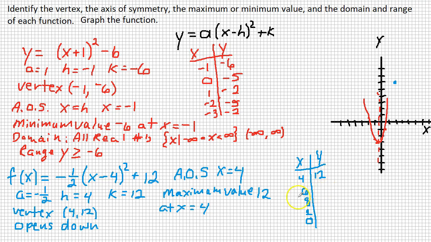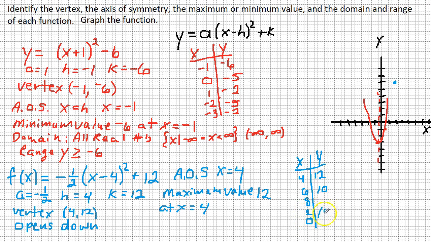All right. If I plug in 6, 6 take away 4 is 2. 2 squared is 4. 4 times negative 1/2 is negative 2. Negative 2 plus 12 gives me 10. So we have the point (6, 10). What's really nice is when I plug in 2, I should get the same number.